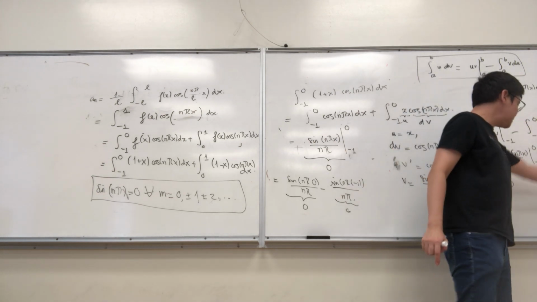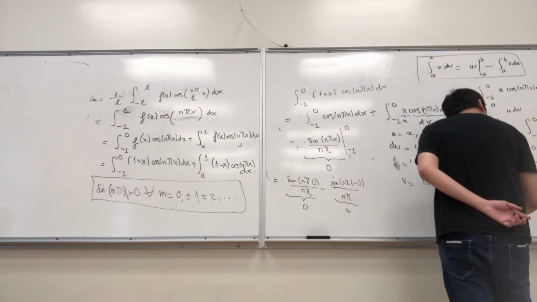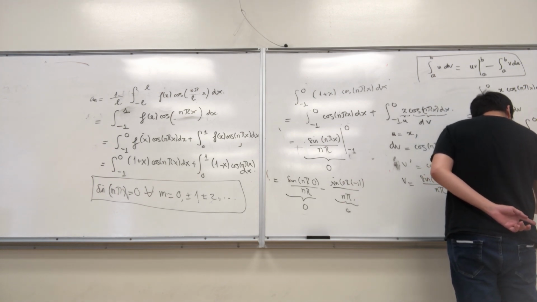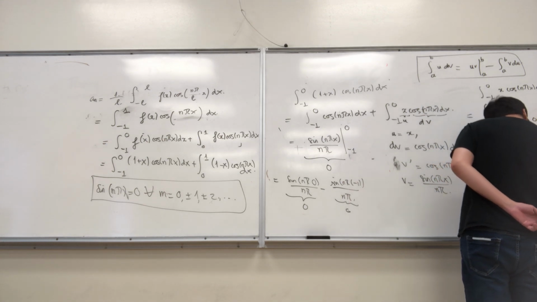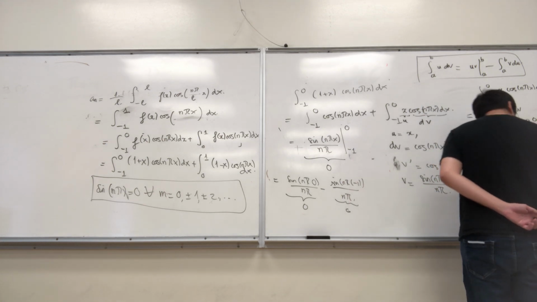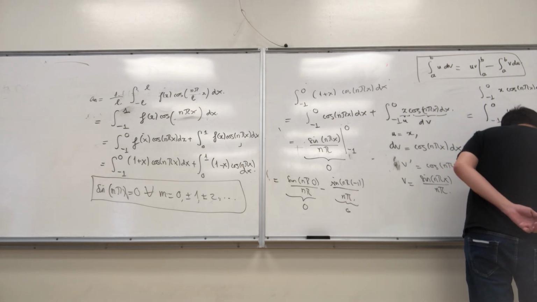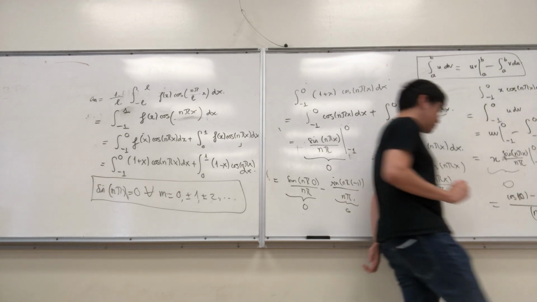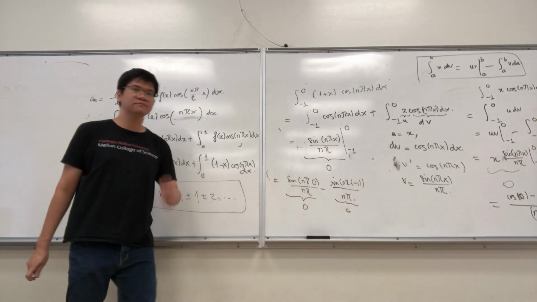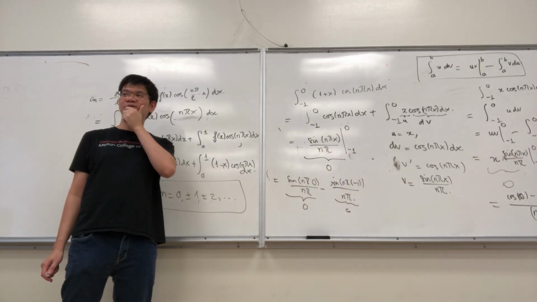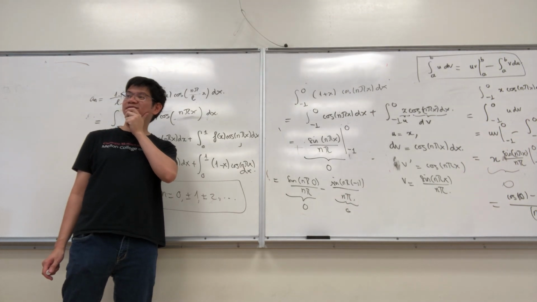So I replace this here, and this gives me cosine of 0 minus the cosine of minus n pi, dividing by n pi squared. Right? So what is cosine of 0? 1. And what's the cosine of minus n pi?